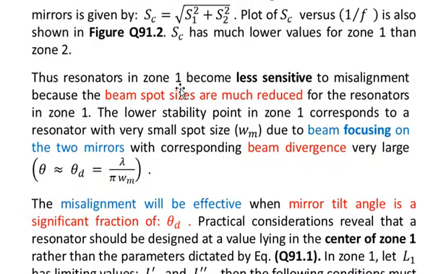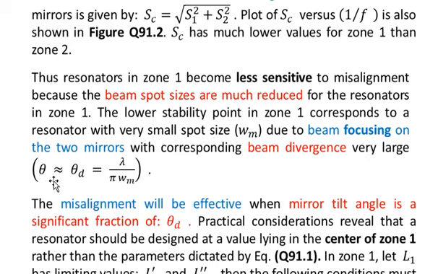Thus, resonators in zone 1 become less sensitive to misalignment because the beam spot sizes are much reduced. The lower stability point in zone 1 corresponds to a resonator with very small spot size Wm due to beam focusing on the two mirrors, with the corresponding beam divergence being very large.